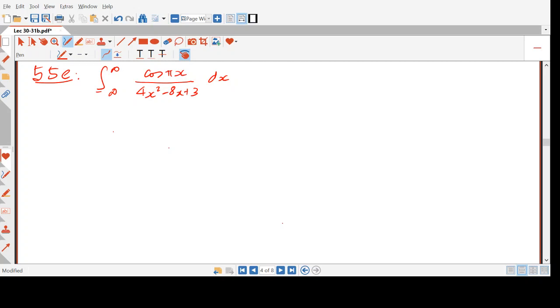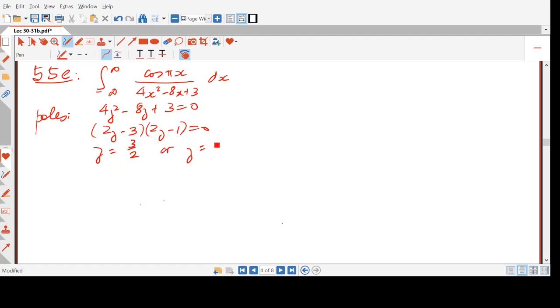So if you look closely, well, it's not easy to see, but poles: try to work out 4z squared minus 8z plus 3 equals naught. You find that you can actually factorize this as (2z minus 3)(2z minus 1) equals 0, whence z equals 3 over 2, or z equals a half. In other words, there are two real poles. You've got two poles that lie on the x-axis, half and 3 over 2.